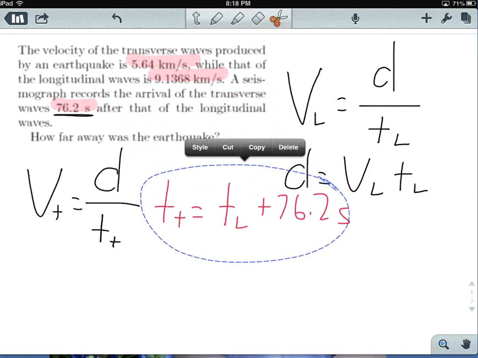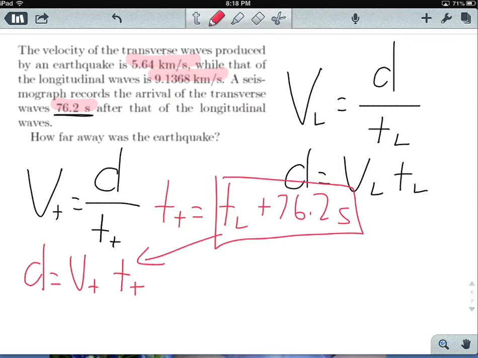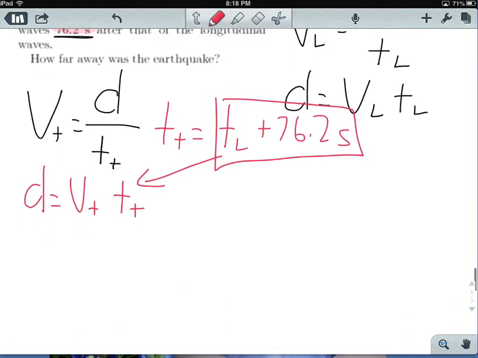Okay, we're going to solve this equation as well for distance. So distance equals our velocity of the transverse wave times the time of our transverse wave. But remember, we're plugging in the time of the longitudinal wave plus 76.2 seconds for that. We set the equations equal to each other because they both have the same distance traveled.